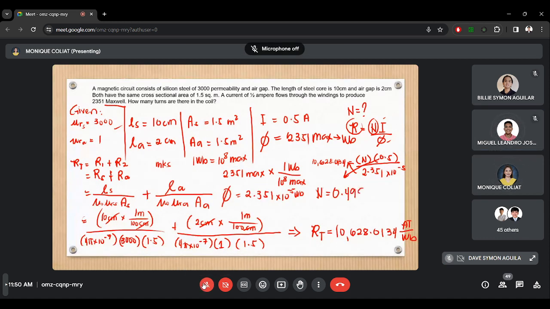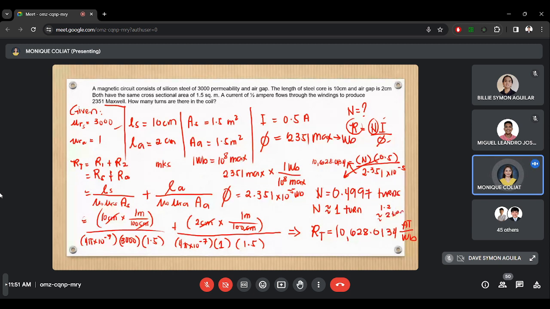0.4997 turns. But we don't have such a fractional turn, so we will approximate it. Approximately, that is 1 turn. You raise it to the next higher whole number. Let's say we have 1.2 turns, that will be approximately 2 turns.